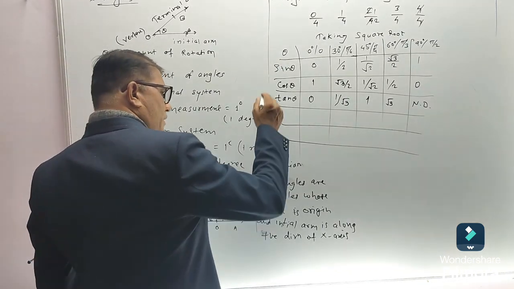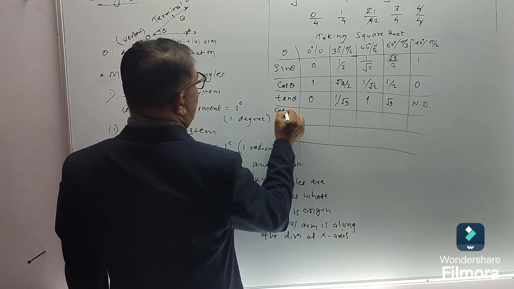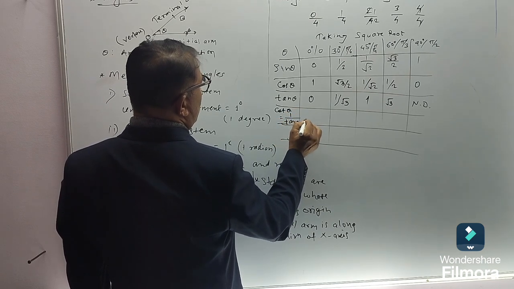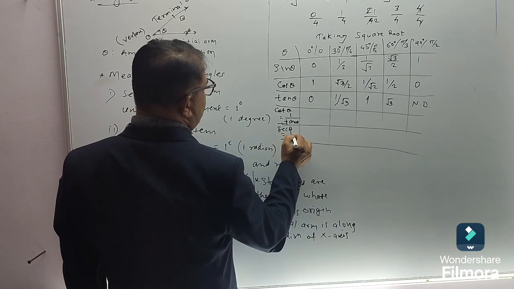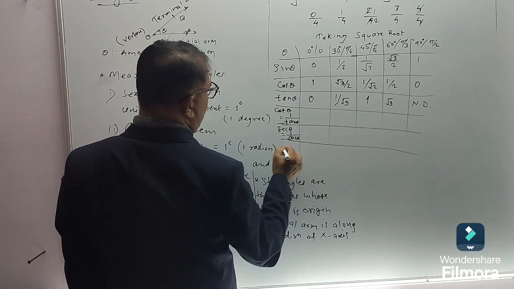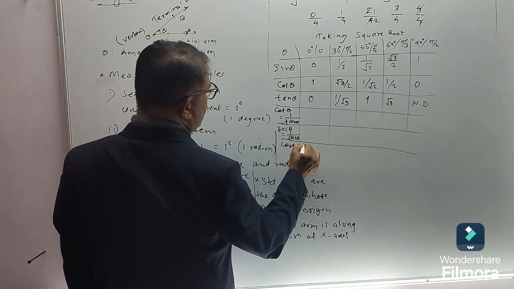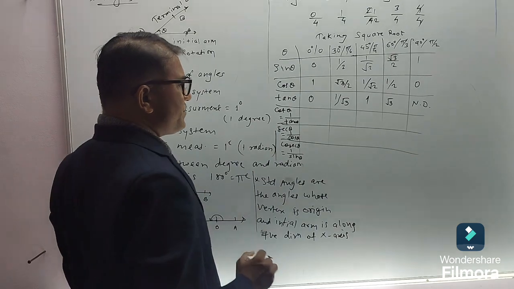Cot theta is the reciprocal of tan theta. Sec theta is the reciprocal of cos theta. And cosec theta is the reciprocal of sin theta.